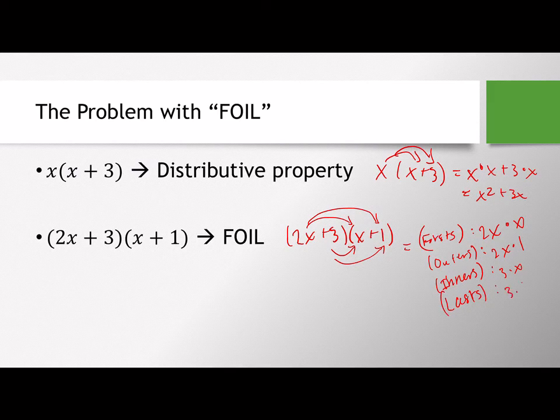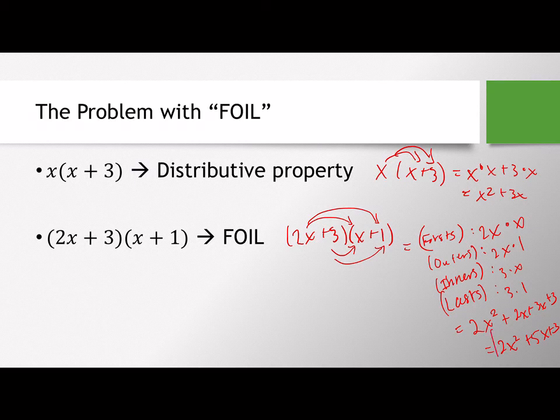So those are my partial products. 2x squared plus 2x plus 3x plus 3, 2x squared plus 5x plus 3. Okay, so there's that one.